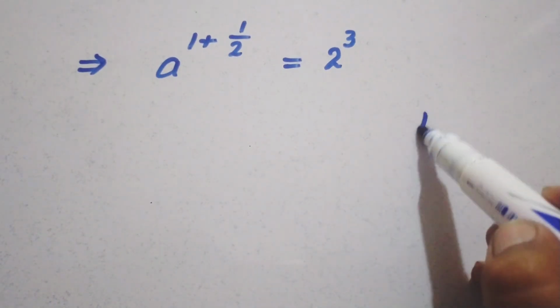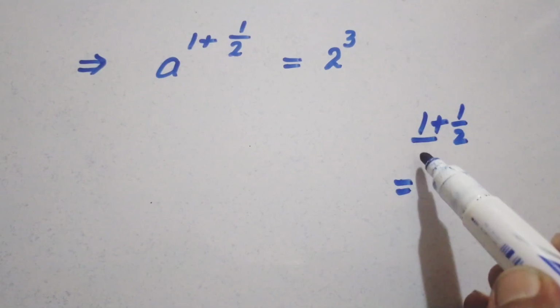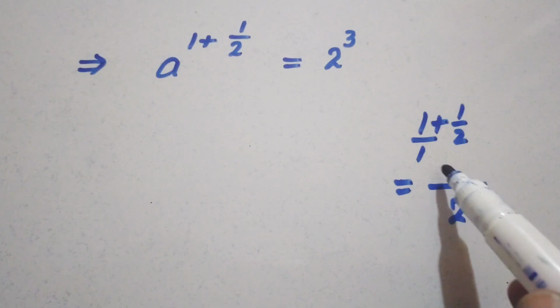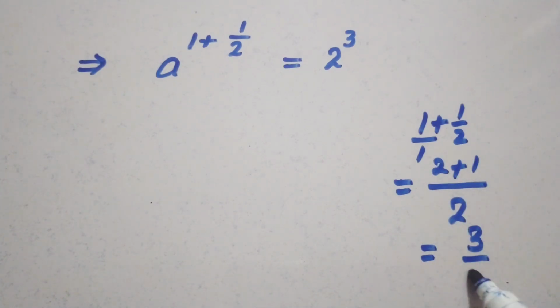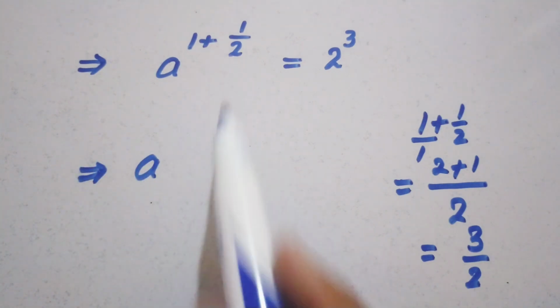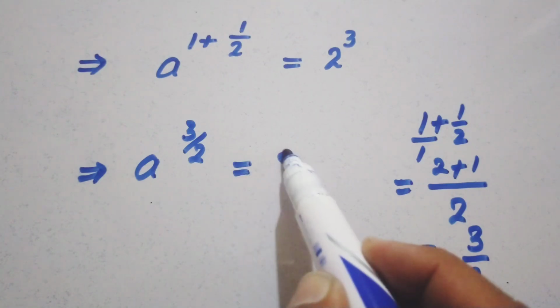Now by adding 1 plus 1 by 2, the denominator of 1 is 1, so the LCM is 2, and 2 multiplied by 1 we get 2 plus 1, this is 3 by 2. So a power 3 by 2 is equal to 2 cube.